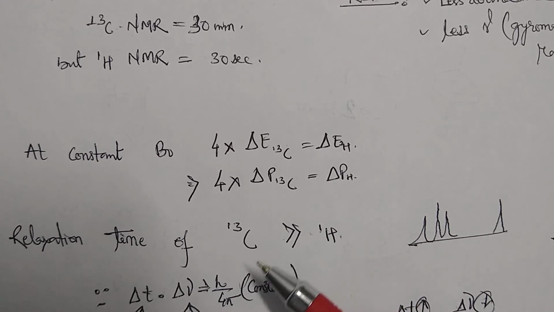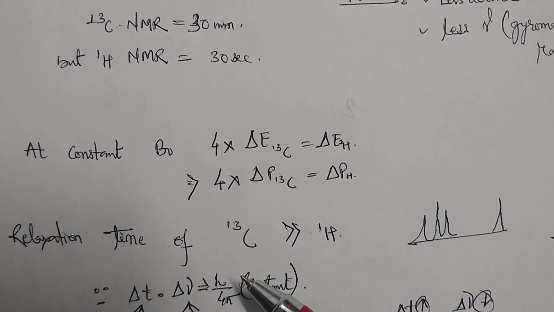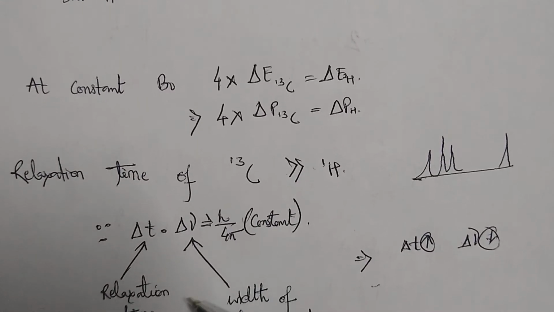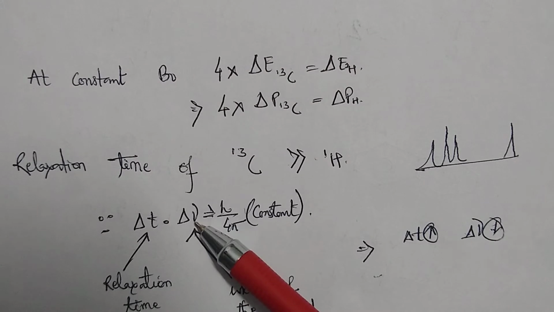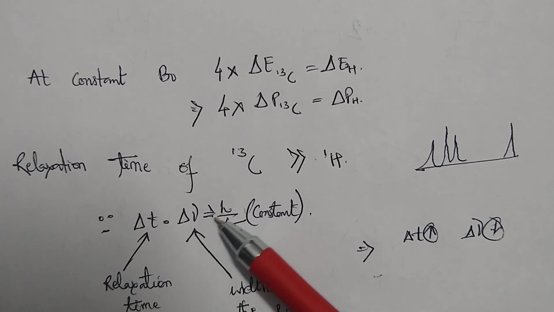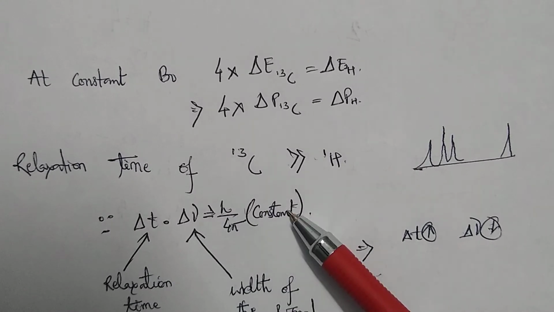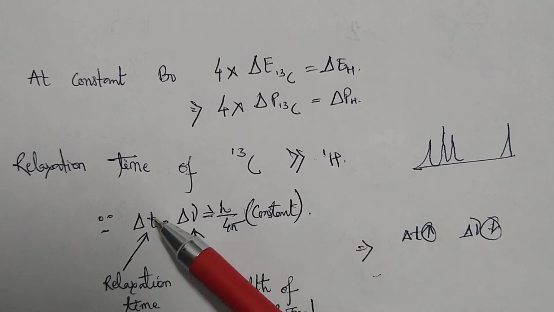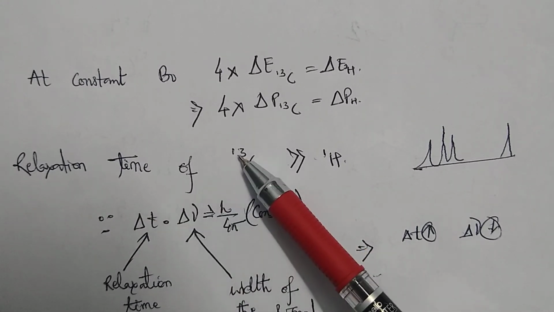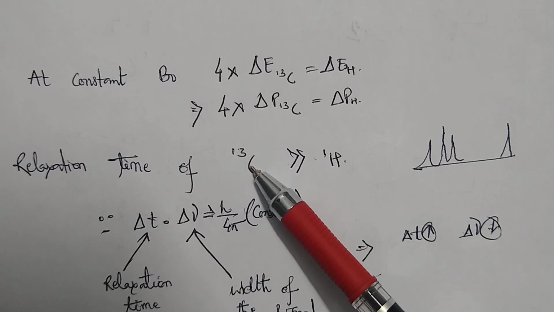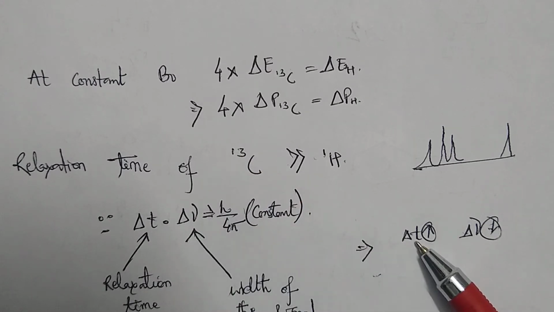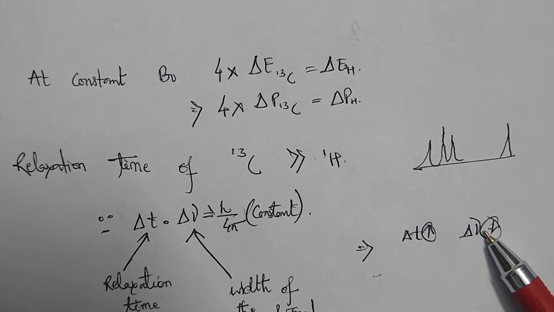Now we have one relation: delta T, that is the relaxation time, times the width of the signal, is greater than or equal to h by 4 pi, which is a constant value. Here the relaxation time is very high for 13C. So if it is increasing abruptly, then the width will decrease sharply.